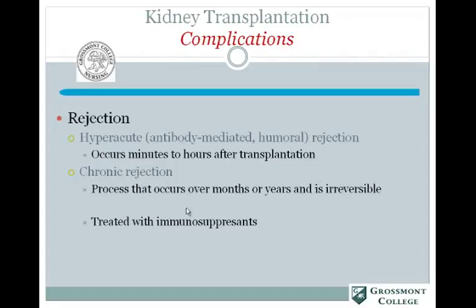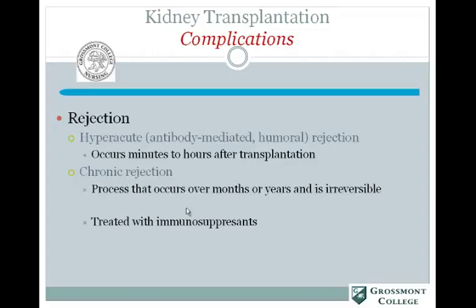Rejection, this is the biggest problem with any transplant. So the kidney matching, it's not quite the same as blood donation matching. With the blood types, there's only a few of them, and the matching is very specific. With kidneys, it's a much more complex process.